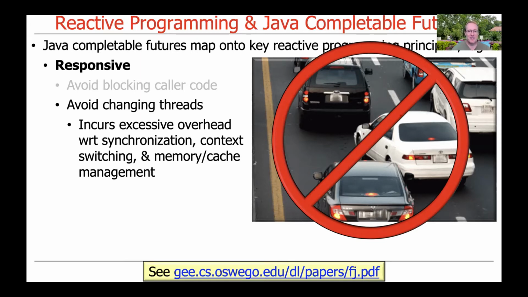So it's kind of like avoiding changing lanes too much if you're on a crowded interstate. If you change lanes all the time, it actually can slow things down because people have to brake and wait for someone else to merge, and it just gets to be dangerous and accident prone.